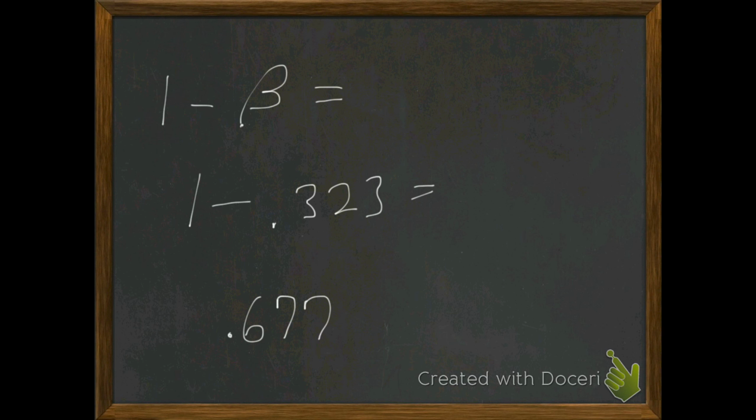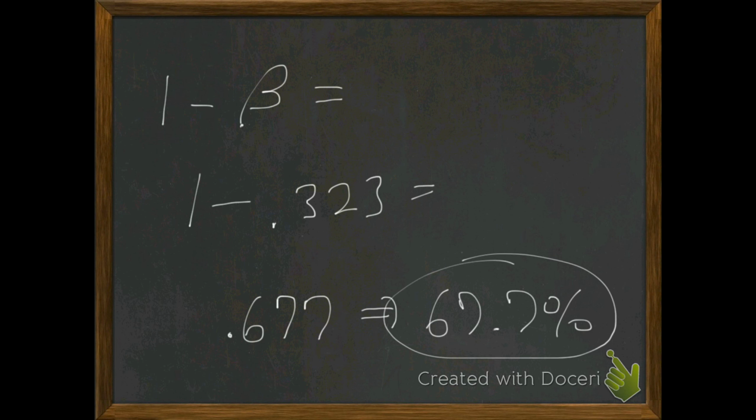Our power is 67.7%. So guys, what's this tell us? We have a 0.677 probability of rejecting a false null when the true proportion is 0.29.